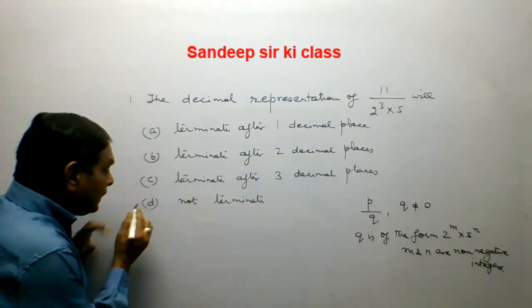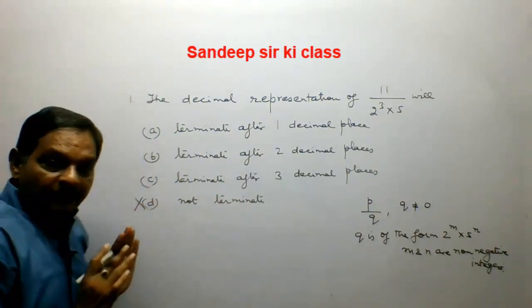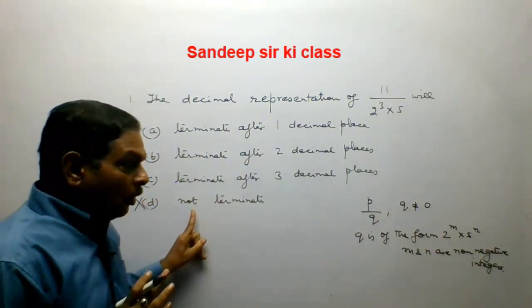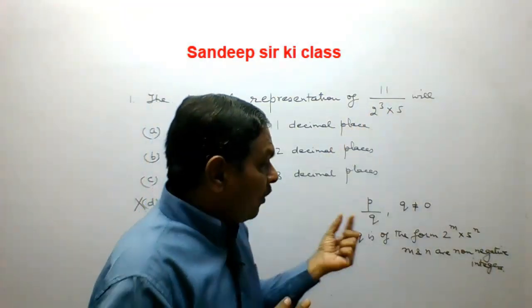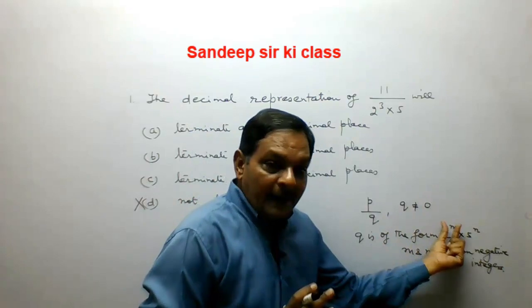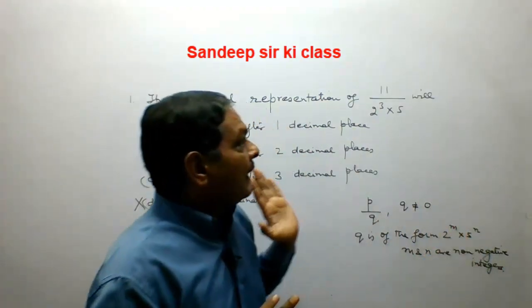So here D cannot be the option, because we find that the denominator is of the form 2 raised to the power m into 5 raised to the power n.